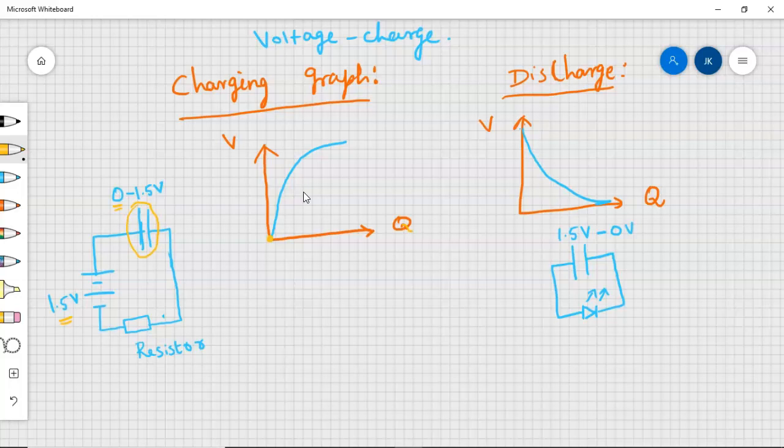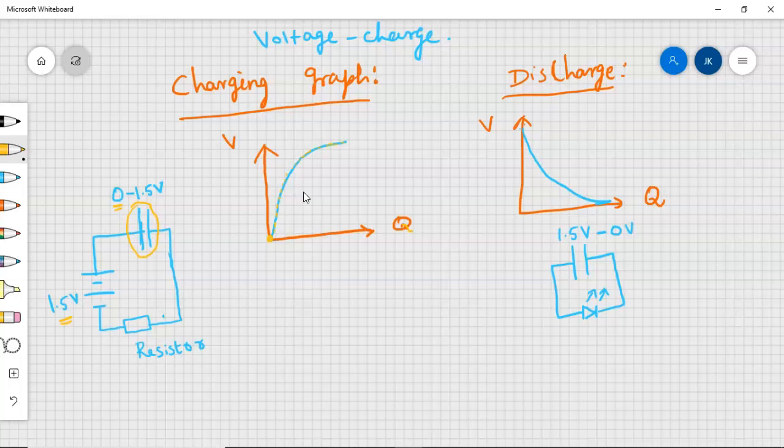As electrons accumulate on one plate, and the other plate loses electrons, it builds up charge in the capacitor. Slowly the charge level increases, the energy level increases, the voltage increases.